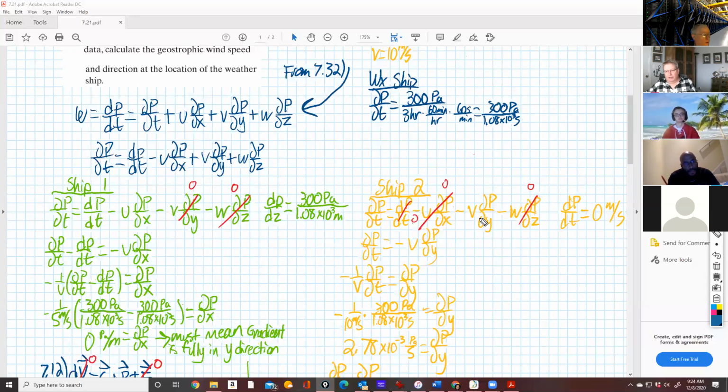For ship 2, the only difference is the u term goes away, and dp/dt on that second ship is 0, which is going to give you some idea. It must mean that the gradient is fully in the x or in the y direction, which is what you find if you reason this out and draw some pictures.